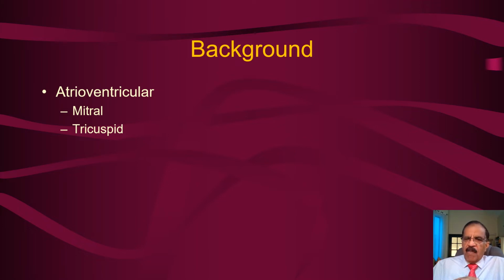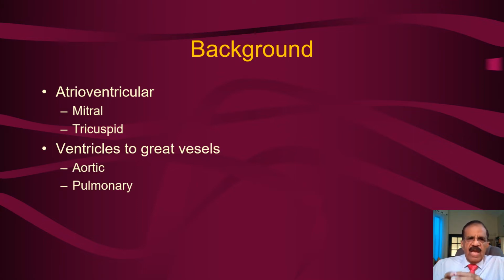The mitral valve is situated between the left atrium and left ventricle, and the tricuspid is situated between the right atrium and right ventricle. And then we have ventricle to great vessels. On the left side, the blood from the left ventricle goes to the aorta through the aortic valve, and on the right side, blood from the right ventricle goes to the pulmonary circulation through the pulmonary valve.